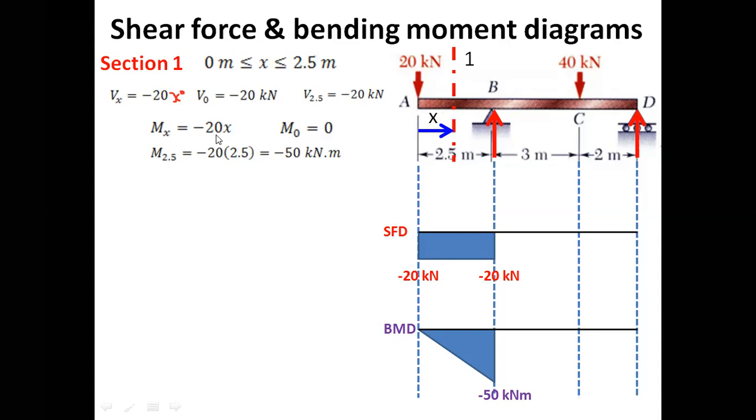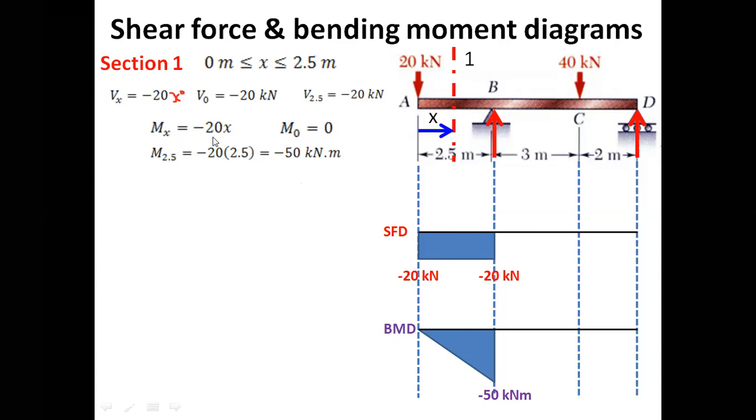So minus 20x. If you look here, what is the degree of the equation? 1. Here we have 1, but we are not writing it. So the general equation for the bending moment for section 1 is Mx is equal to minus 20x. And that x here is ranging from 0 to 2.5. So what is the bending moment at point A, where x is 0?